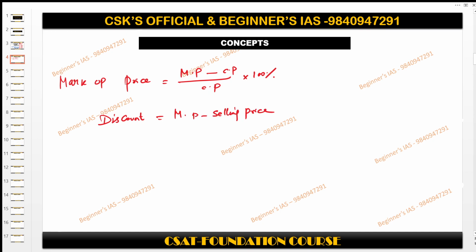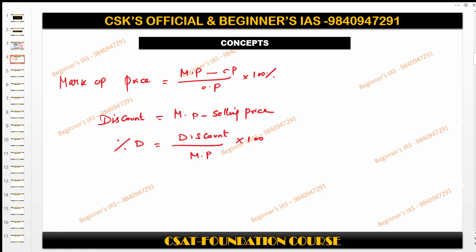This is already known. In order to calculate the discount percentage, you just find discount by marked price into 100. Or in another form, you can say MP minus SP divided by MP. That is also completely fine.